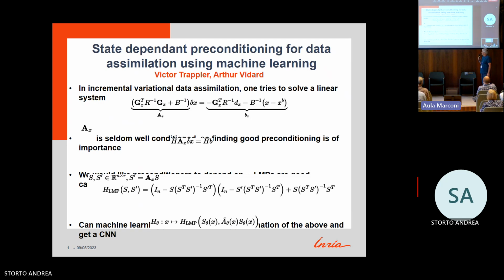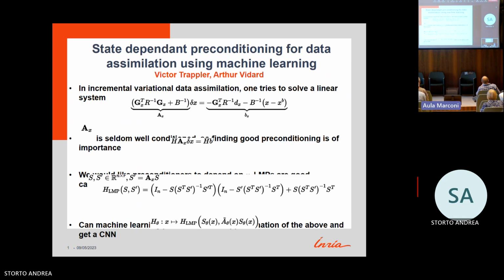S is a matrix of these vectors, and you can get a good preconditioning with this formula that is a bit complex. The problem is that it can be quite expensive to get, in particular because you need to compute this A times S. So you really cannot do it with a large number of vectors.